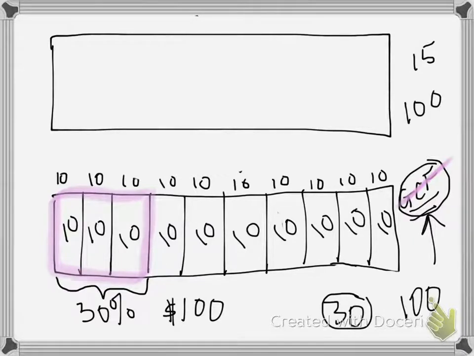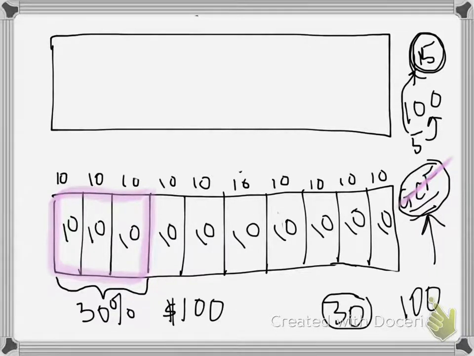So if we look at that, a greatest common factor of 15 and 100 is going to be 5, okay? Because 5 goes evenly into 100. It also goes evenly into 15. There are no other factors of 15 that will go into 100 evenly, okay?